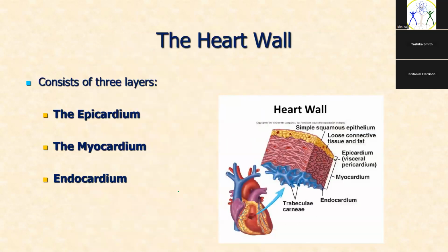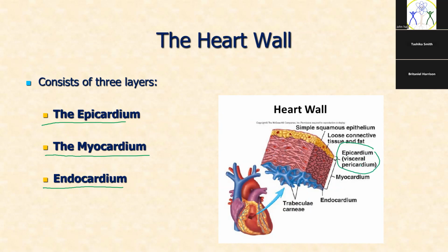This too. So epicardium is the outermost layer of the heart. Myocardium now is the muscle part, that's the middle part. And the endocardium now is the inner part where blood is in direct contact. Okay? So the epicardium is basically the visceral pericardium. Right?